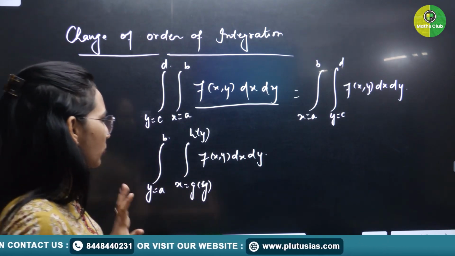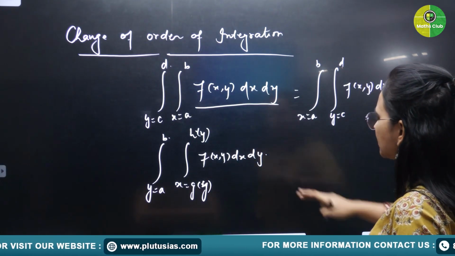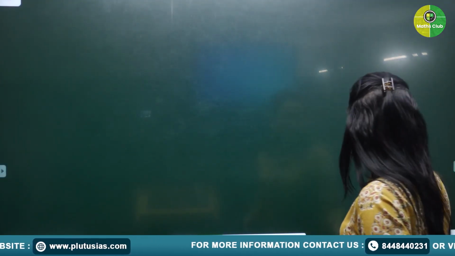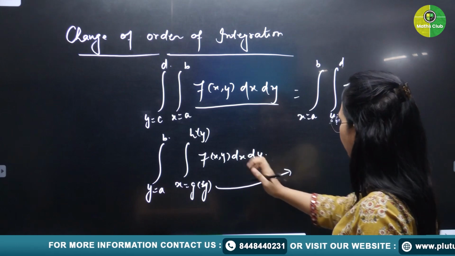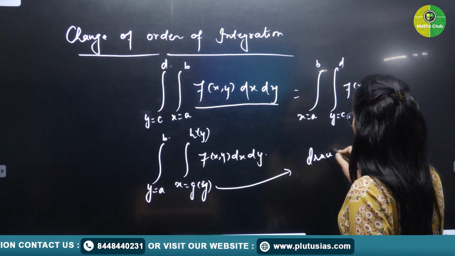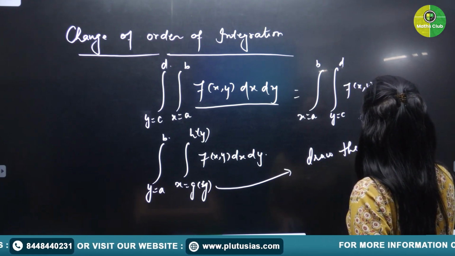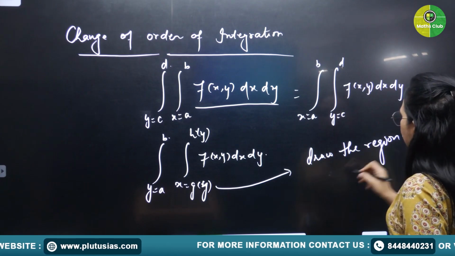Then what will you do? You have to follow a procedure, and the procedure says that whenever you have these limits, the first step should be to draw the region of limits.